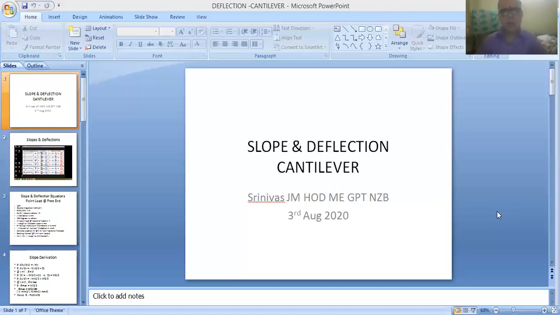Secondly, just like SF and BM diagrams, these values, namely slope values and deflection values, depend upon the type of load or loads acting on a beam.